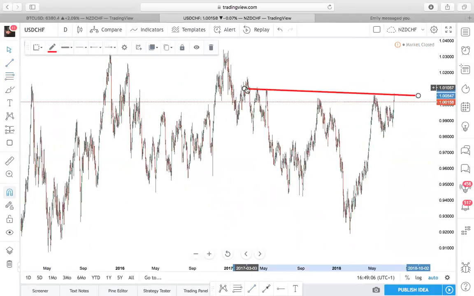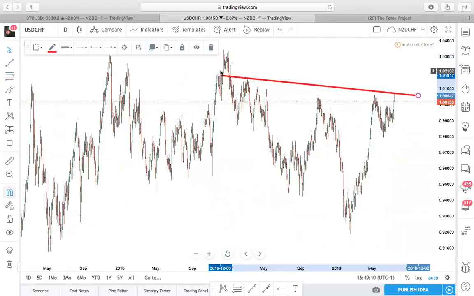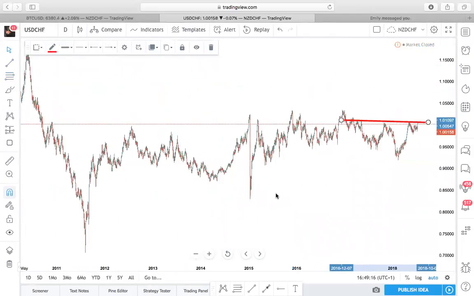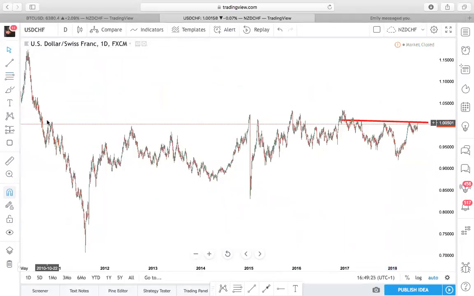Let's see what we have here. I mean, just by looking at this, you see our max zone all the way back. We're back to 2010, the last time we were higher than this.